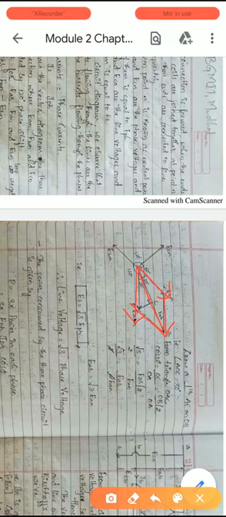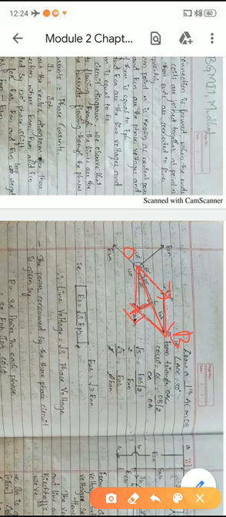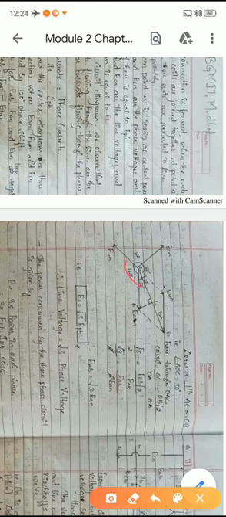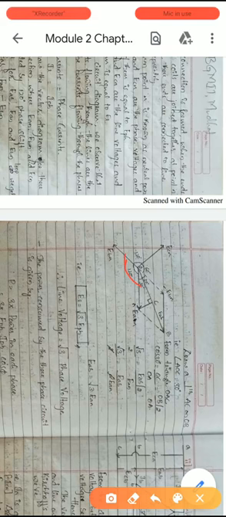Now what we can do is draw a perpendicular AC on the line OB, that I have written here. Now see here, this angle is 120 degrees and this angle is 120 degrees. But the resultant exactly divides it, hence this will be 60 and the remaining will be 60, right?